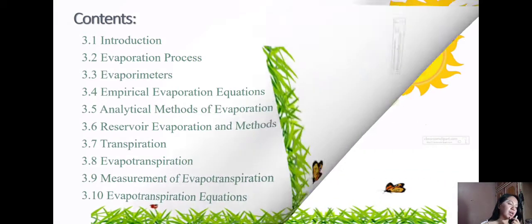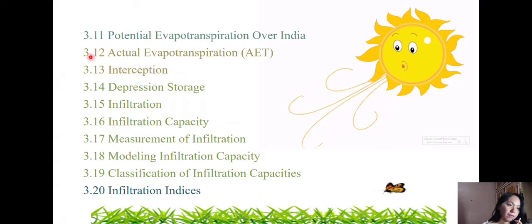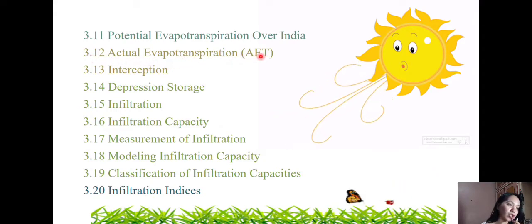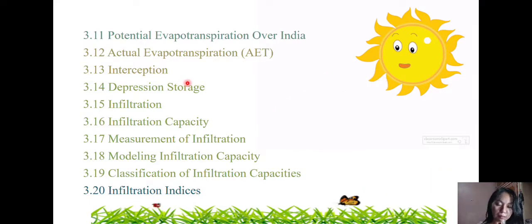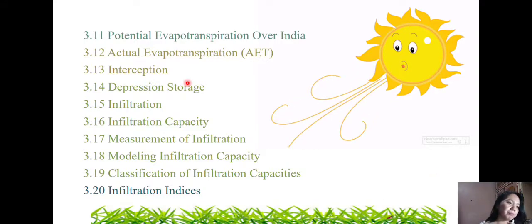While sections 3.12, actual evapotranspiration, and 3.13, interception, are all about the interception and depression storages, which act as sluices in the production of runoff.